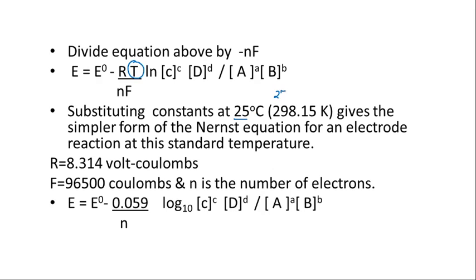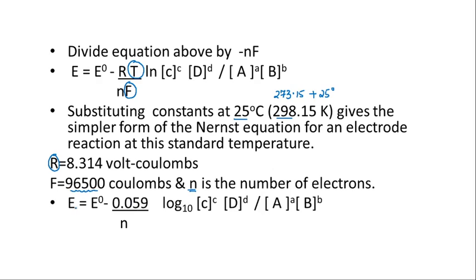If we want to convert it into degrees Kelvin, 273.15 plus 25 degrees, so you have to substitute the temperature as 298.15 Kelvin. You also substitute the value of R. R is equal to 8.314 volt coulombs, and F you are going to substitute also. F is 96,500 coulombs, and n is nothing but the number of electrons involved in the reaction.